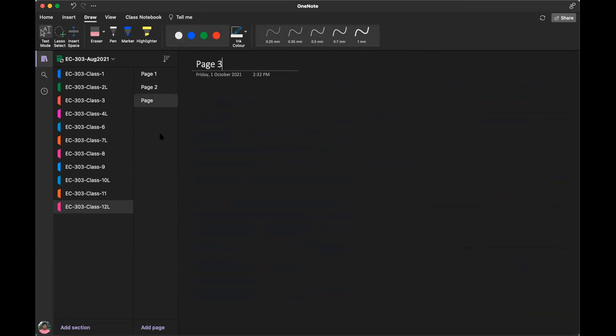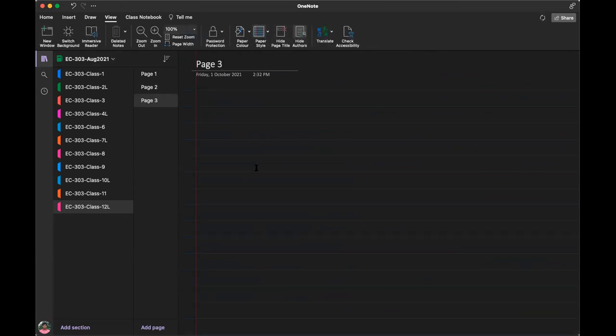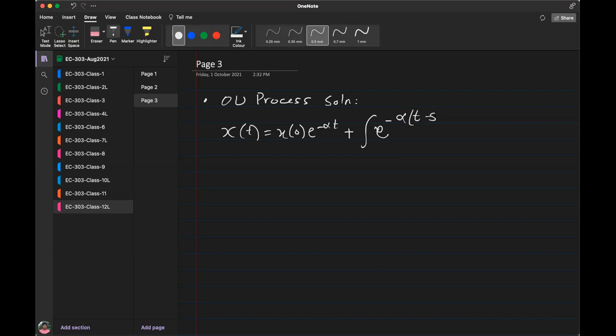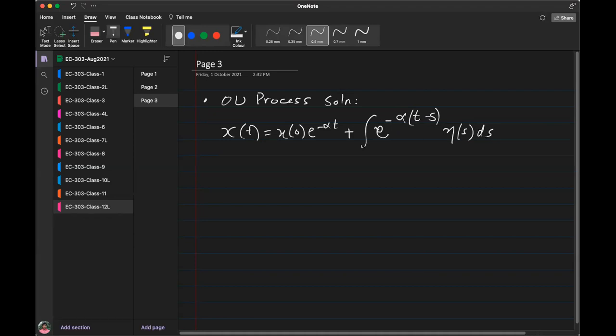For the OU process, the solution is what we have: x of t is x0 e to the power minus alpha t plus the integral of e to the power minus alpha (t minus s) times eta of s.